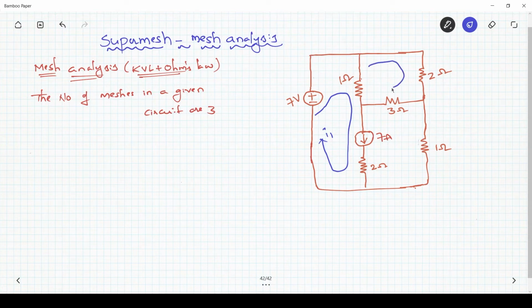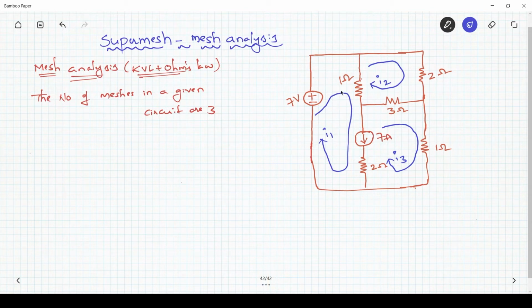Let this be mesh 2 and the current flowing in this mesh is I2. And this is the third mesh. The current flowing in this third mesh is, let me indicate, I3. So this is the second step: assume clockwise current directions in each mesh.